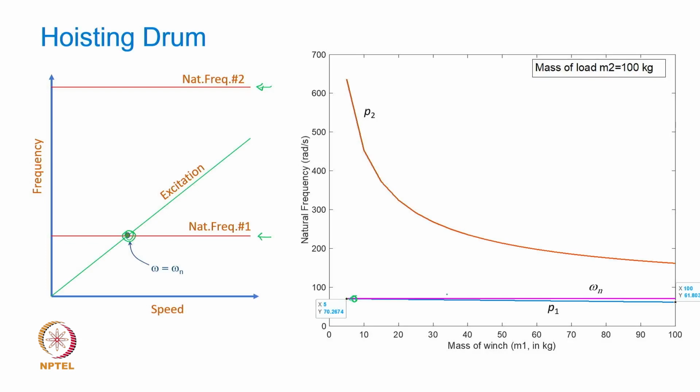Now even if your mass is sizable, right, maybe 1/3 of the mass, you still are far off, maybe 3 times to 4 times away in the second natural frequency, right?